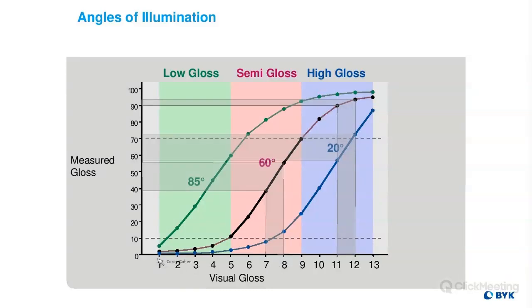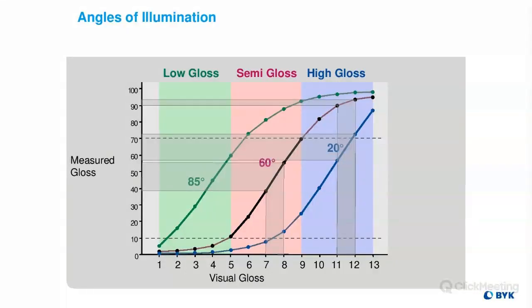The gloss is stepping up in equal visual increments as we increase the number. Then we have measured gloss on the side, the actual measured gloss in gloss units, which is the standard unit for gloss measurement, for each of these three measurement angles.